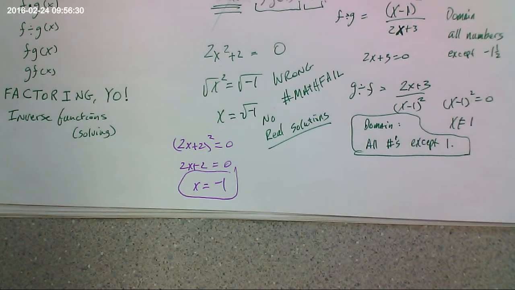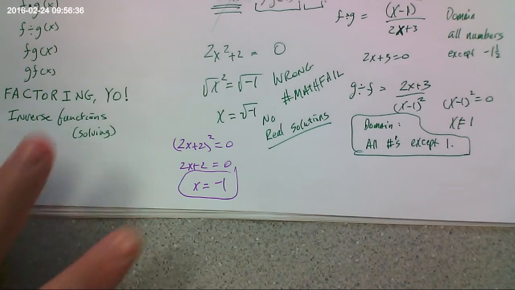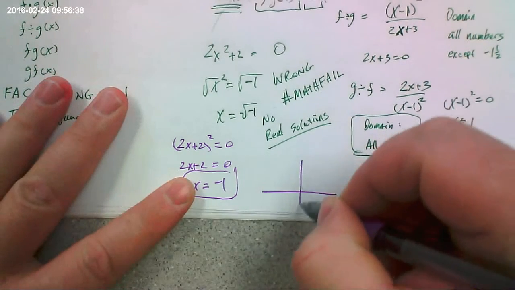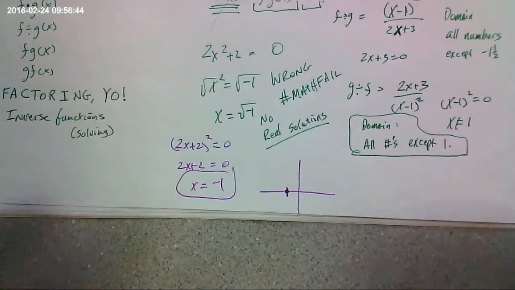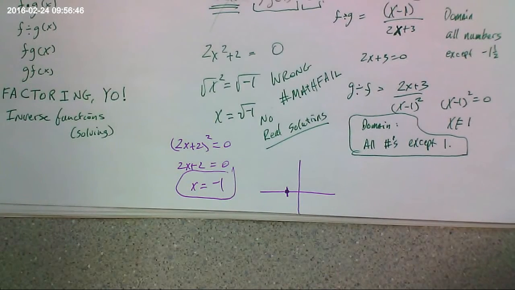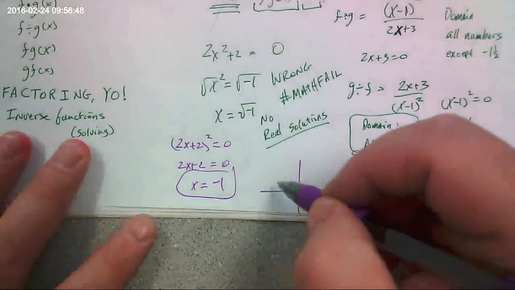What's the vertex? Thank you, Jasmine. The vertex is actually (-1, 0) because if it's only got 1 x-intercept, that means that's where it has to turn around. Oh, yeah, it's going up.